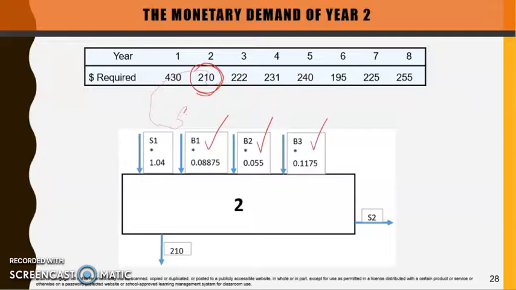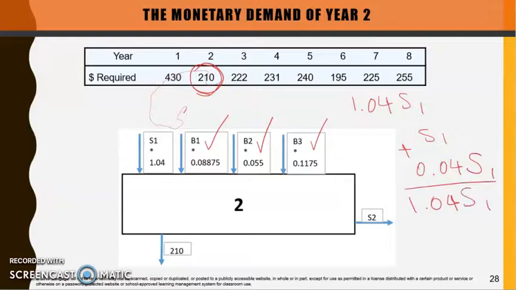So when at the beginning of year 1 we put S1 into the account, at the beginning of year 2 we would have 1.04 S1. Why? Because S1 was the initial deposit plus 4% interest of S1, so the total would be 1.04 S1.